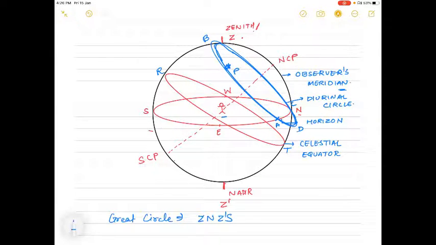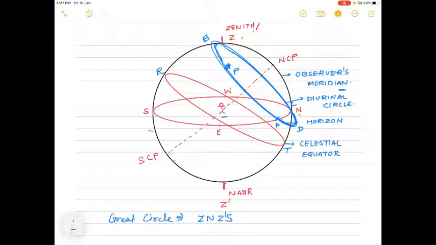When it is in the portion CDA, it is in the southern hemisphere, not visible to the observer, and it has set. This is called a diurnal circle. In 24 hours the star will follow this path. Why 24 hours? It is the time taken by Earth to make one rotation around its own axis.